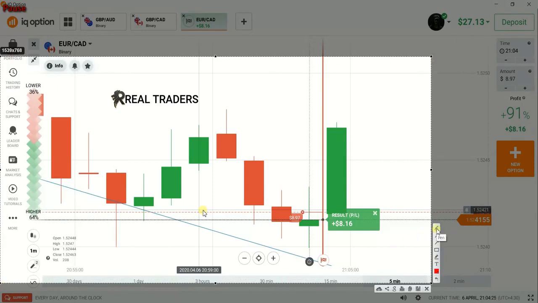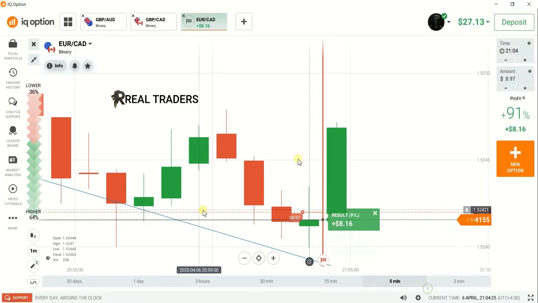You can see so many rejections here. Because of the bad market, I think it closed as a bullish candle, but because of my entry point, I won this trade. That's why I told you, always place your trade with some margin of safety, it will be good. And you can see I won this trade because of my entry point.